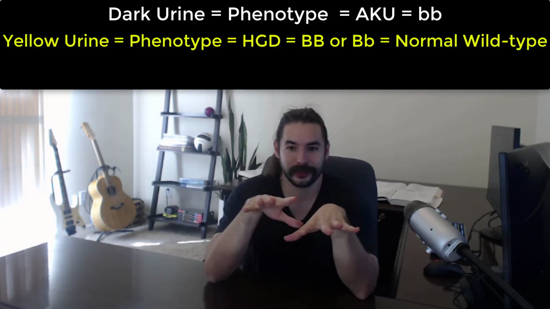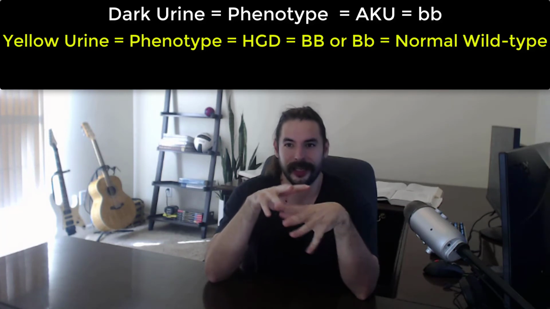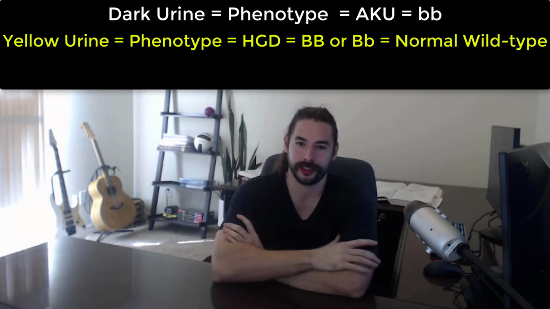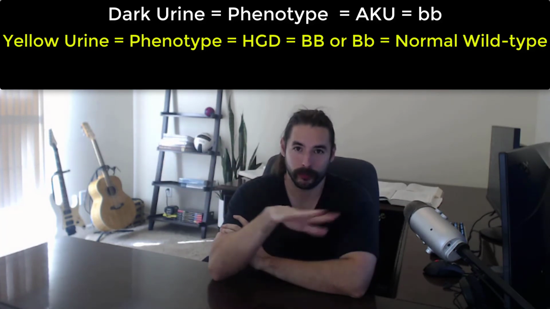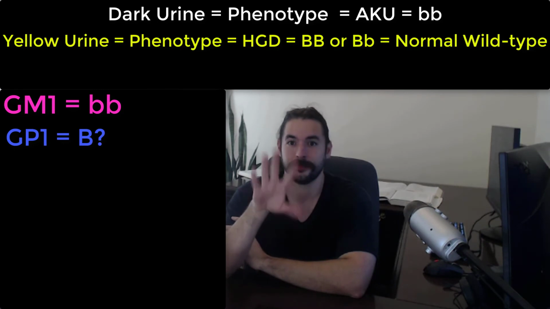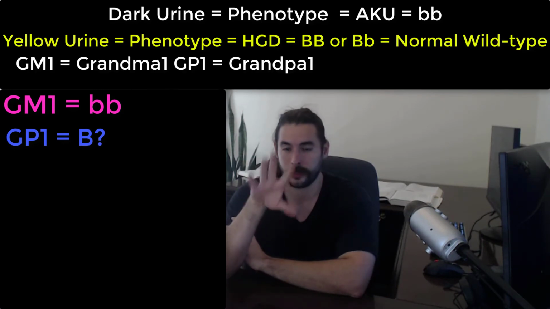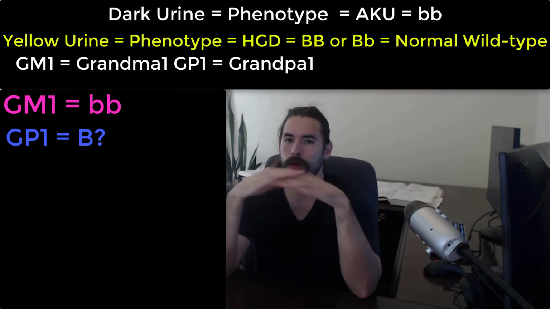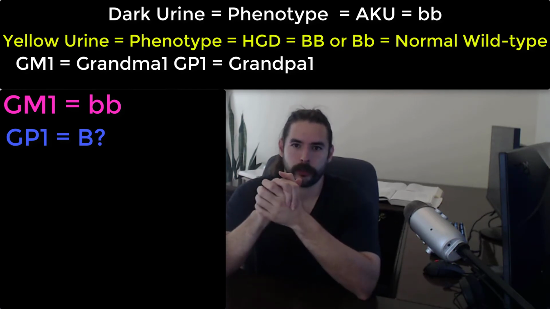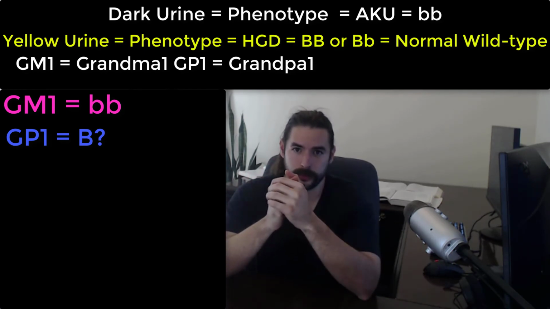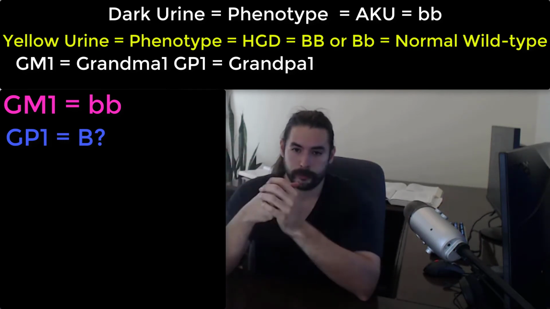Okay, so now let's start working on genotypes and building my fake family tree. Let's say both my grandmothers had alkaptonuria, or dark urine, and no one else in the family did, and both grandparents had 5 kids. So that's 10 brothers and sisters, and none of them had black urine.